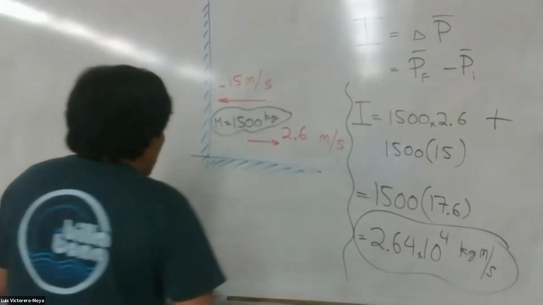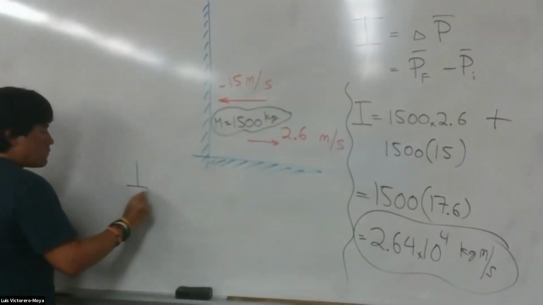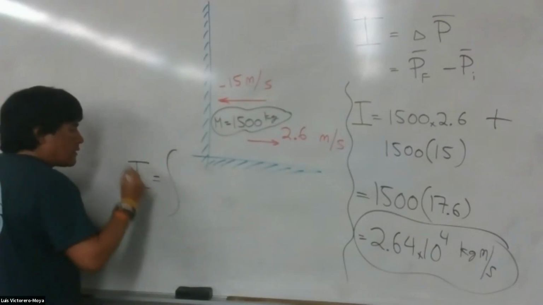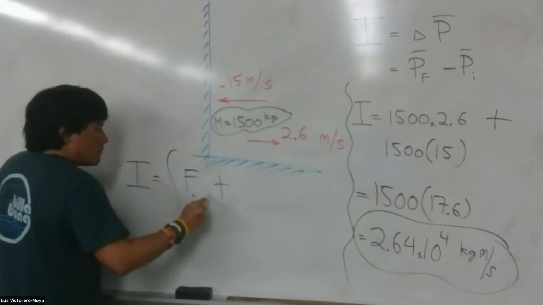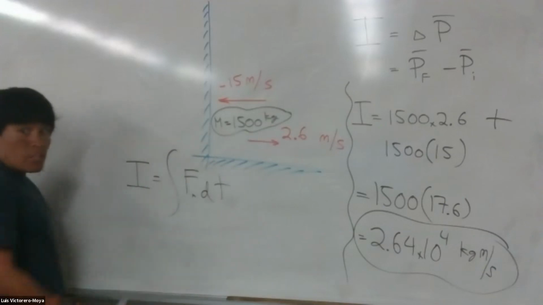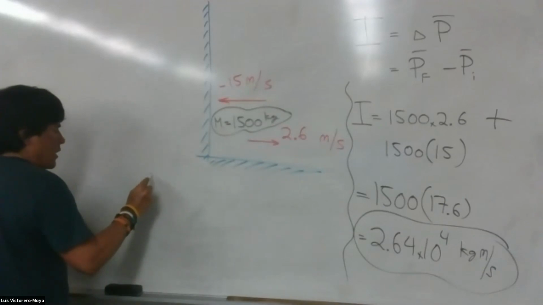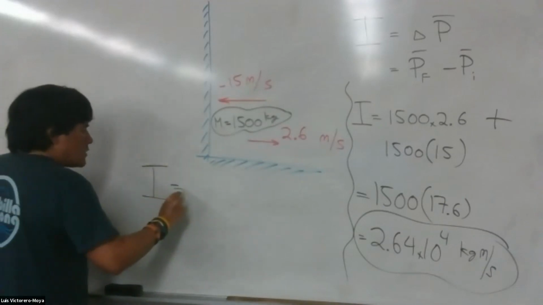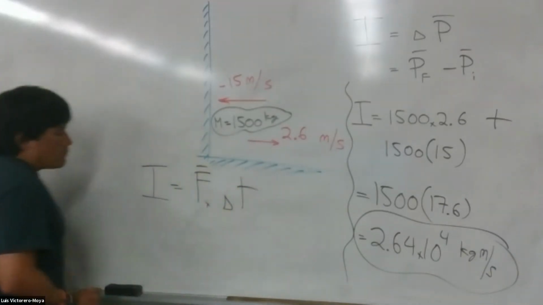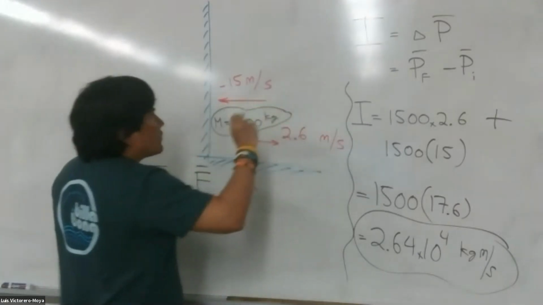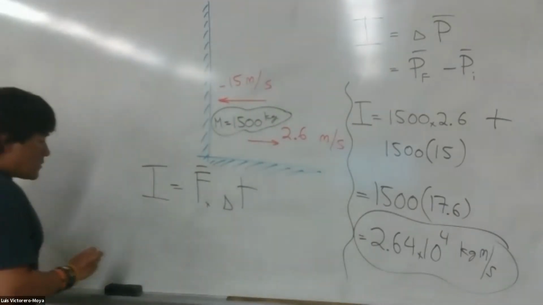How do I find the net force, the average force? Impulse is the integral of force dt. That's the analytical definition. But for a situation like that, a very macro type of situation, your impulse is equal to force times the change in time. And the change in time is what they're giving in the problem, 0.15 seconds.